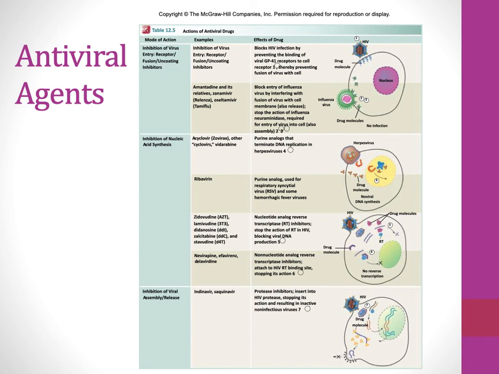If we look at acyclovir, that would be inhibiting nucleic acid synthesis, so that replication and production of the different viral particles. And then there are drugs where we would have the inhibition of assembly and release.